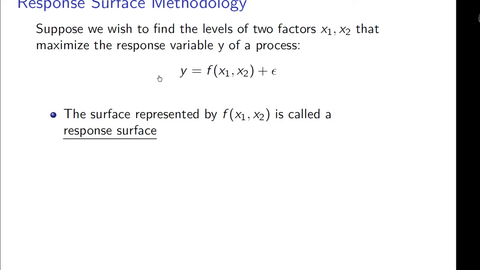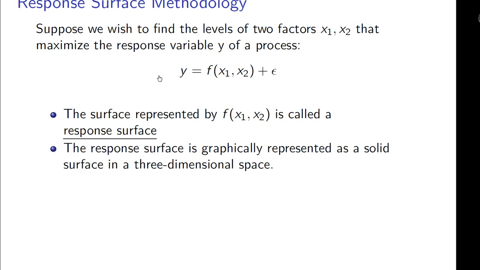So the model is a surface in the space of factors. And we rely on the geometric representation, and we rely on the fact that I can represent this surface graphically as a surface in, in this particular case, a three-dimensional space. So the two dimensions are the factors x1 and x2, and the third dimension is not a factor, but rather it's the response of the surface.